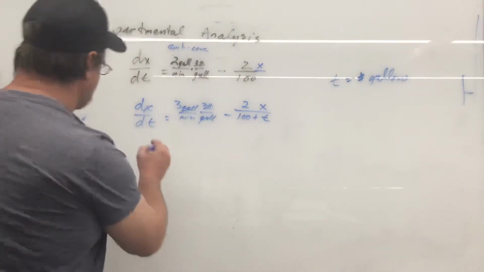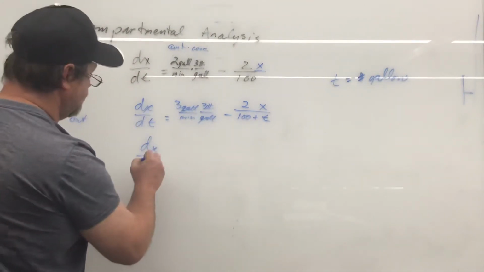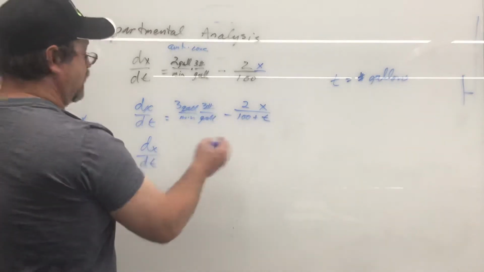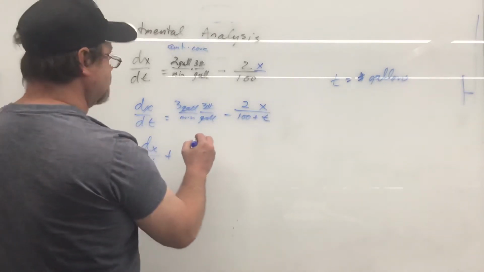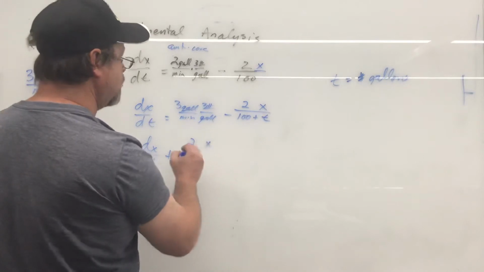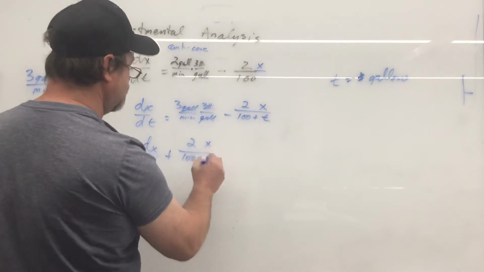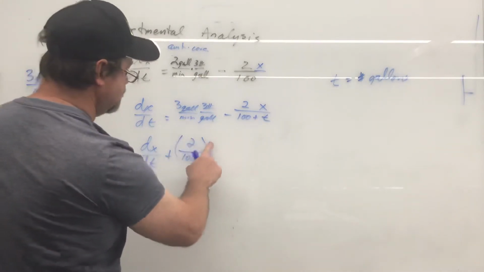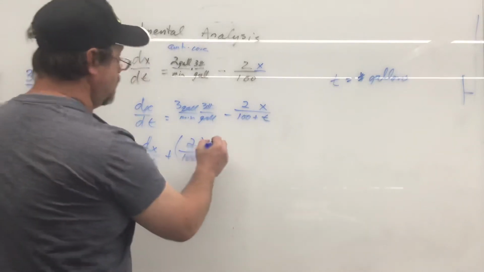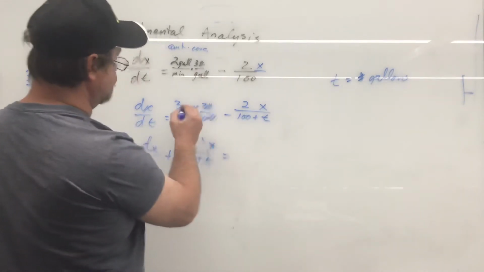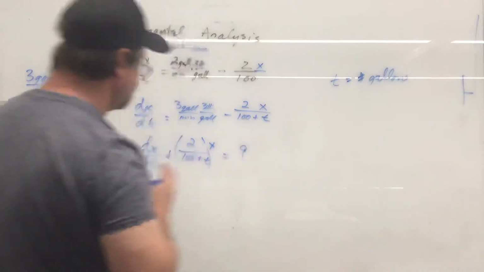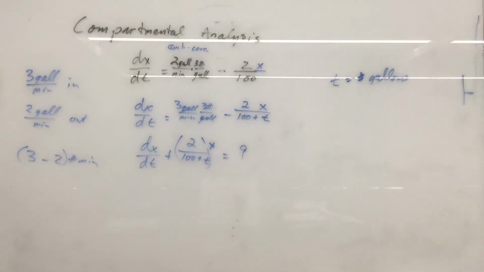Now we rewrite that equation, we say, well, what do we have? We have dx dt. Bring that over to this side so that we have 2x over 100 plus t. And I write the x outside here intentionally. And then that all equals, 3 times 3 is just 9. We can lose the units and simplify what the equation looks like again.